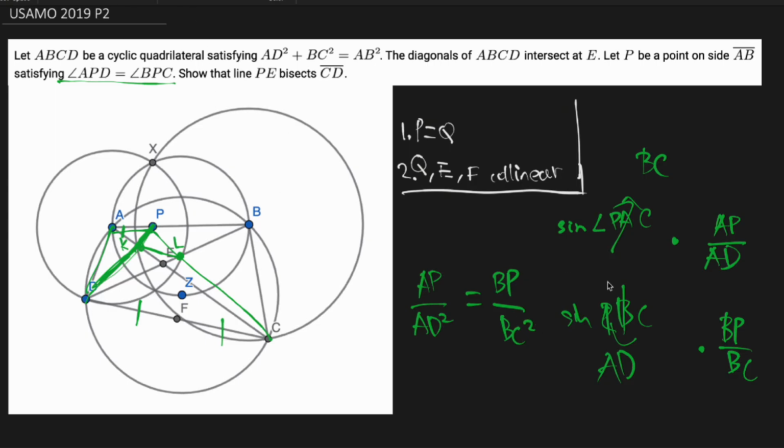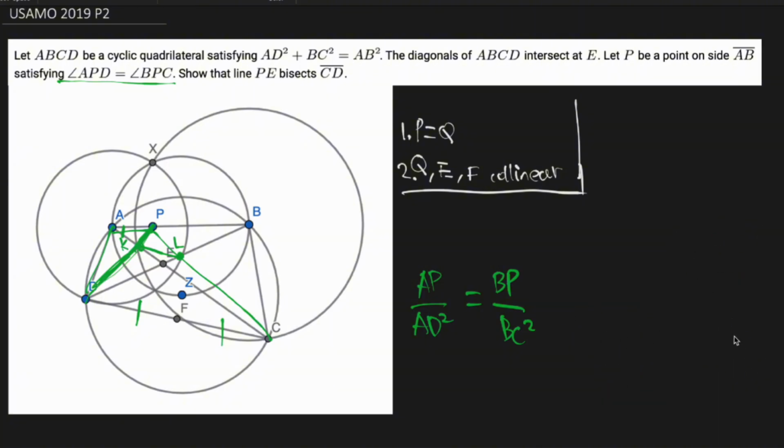Okay, so how do we prove that this is indeed true? Well, what we can do is we can just move everything back up here. Since we know that AX equals AD, we can replace AD by AX to get AX squared, and similarly we can replace BC by BX squared.